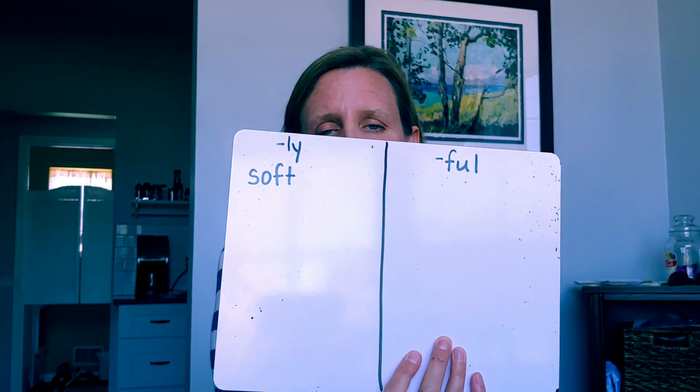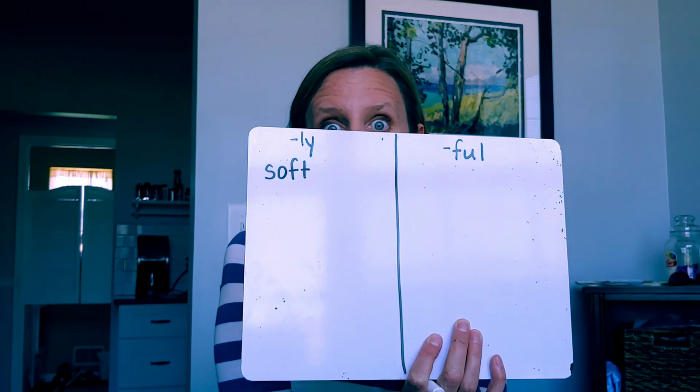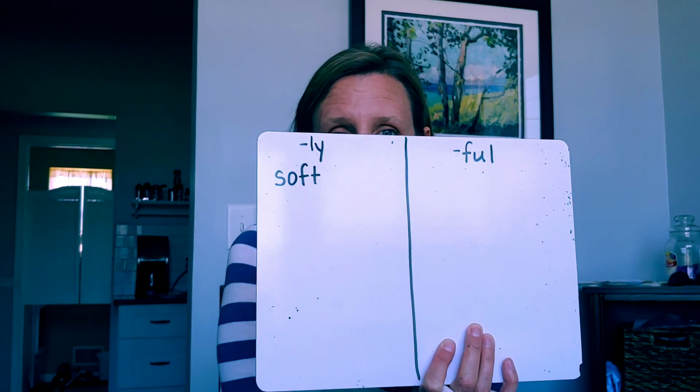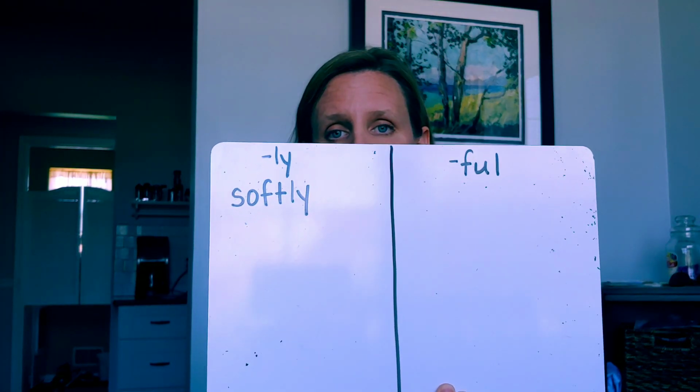Write the word soft. Soft. It's actually an O that makes kind of that aw sound in the word soft. Now think, how can we make soft become the word softly? We add that suffix ly, which is spelled L-Y. Check your work with mine.